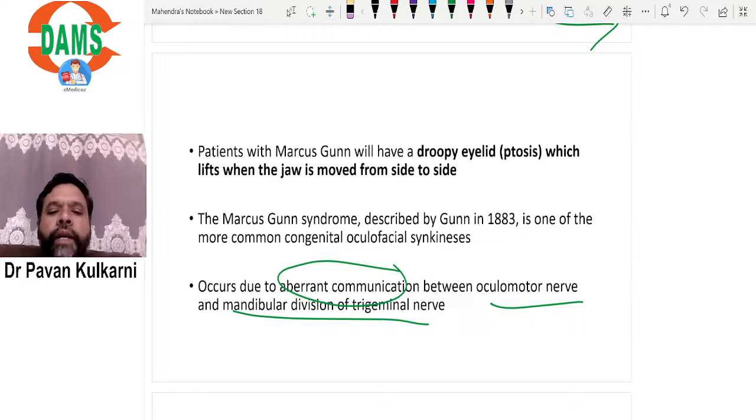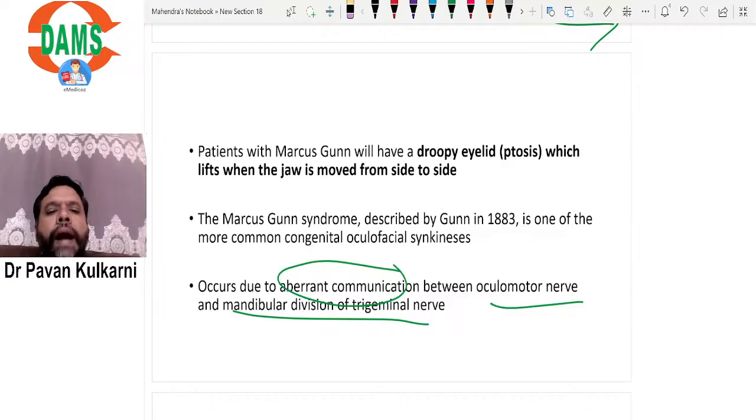Because of this aberrant communication, whenever the mandible moves, the activation of this nerve makes the oculomotor nerve start its function. Thereby, there will be ptosis or elevation of the eyelid.